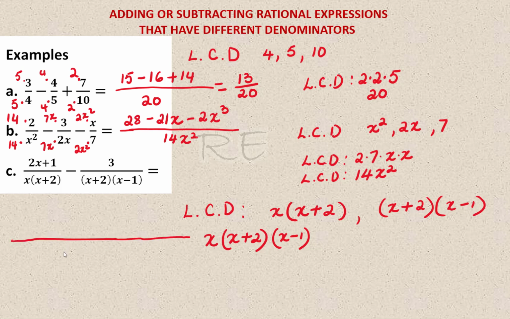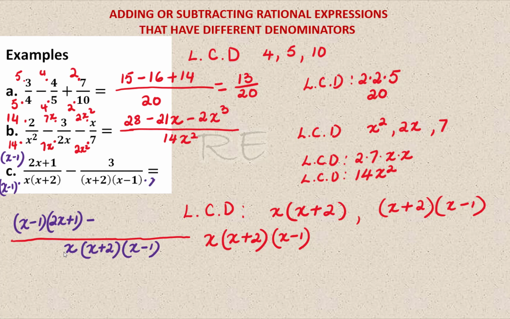For C, the least common denominator is x times x plus 2 times x minus 1. We're going to look up and see what's missing in the first fraction. And the missing piece is x minus 1. So we get x minus 1 times 2x plus 1 minus.